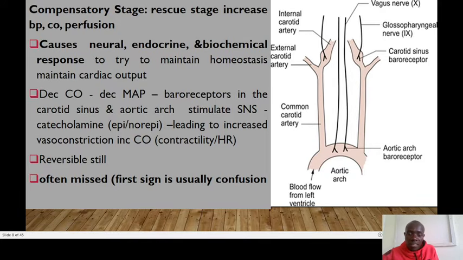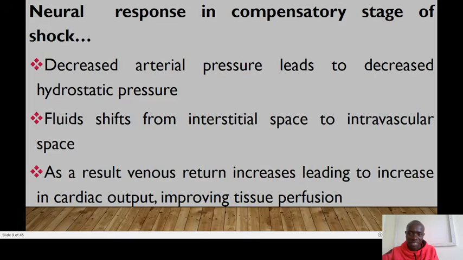This process is still reversible, but in most cases you find that it's often missed out. The first sign is usually confusion. That is the neural response. We also said that there's decreased arterial pressure, which is leading to a decreased hydrostatic pressure.